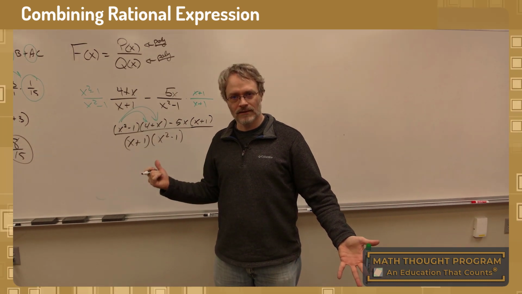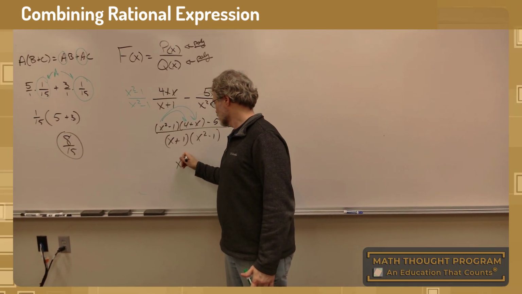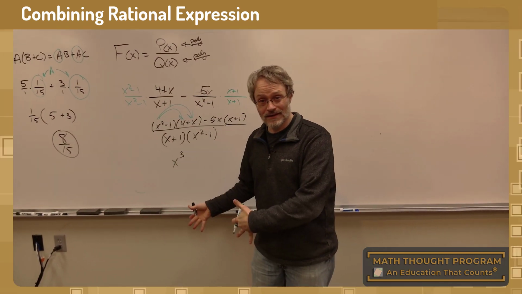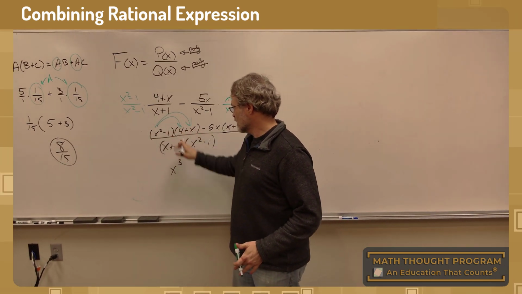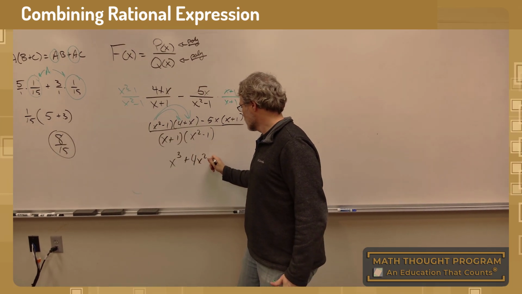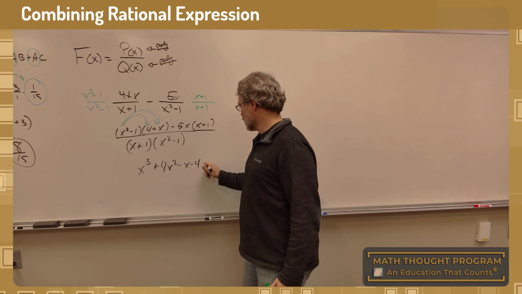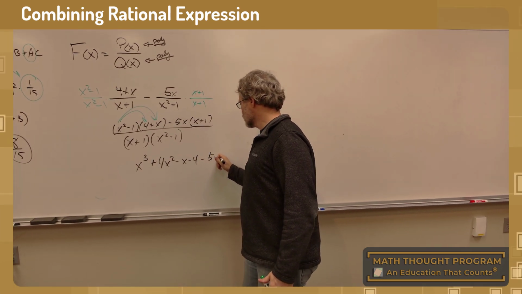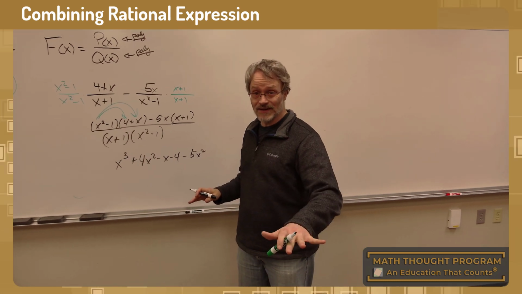Look what I get. See, when I have an x squared times an x, guys, I get a cubic. And then I'm going to have to take this and keep expanding out. I'll have a 4x squared, and then I'll have a minus x minus 4. And then over here, I'll pick up a 5x squared. Now, be mindful of the negative sign.